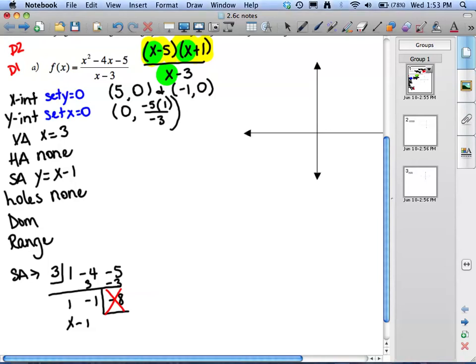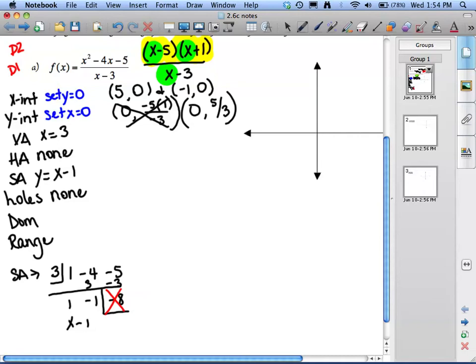Is everybody clear what I just did? Everywhere there was an x, I put in a 0. 0 minus 5 is -5. 0 plus 1 is 1. And 0 minus 3 is -3. So you would not actually write this. You would write it as (0, 5/3). That's what you would write for me as the y-intercept.